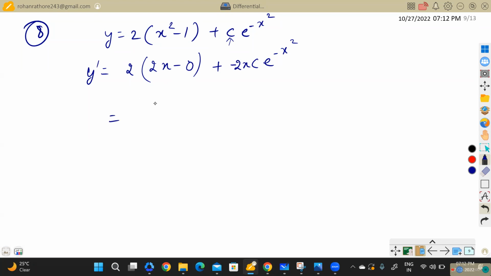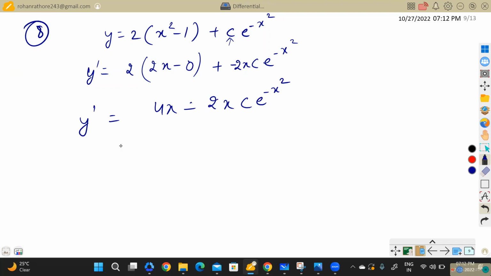So let's simplify this: 4x plus minus 2x c e raised to the power minus x square. So what is the differential equation that we're going to make? dy by dx plus 2xy equals 4x cube. So we're going to eliminate c as well as e raised to the power this term. So let's see y dash.